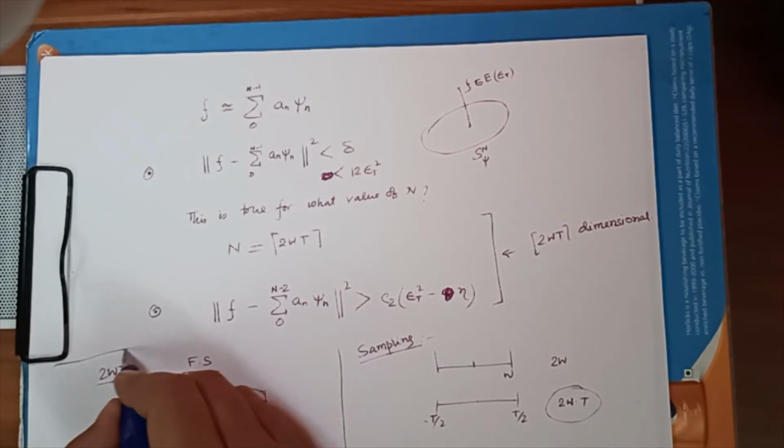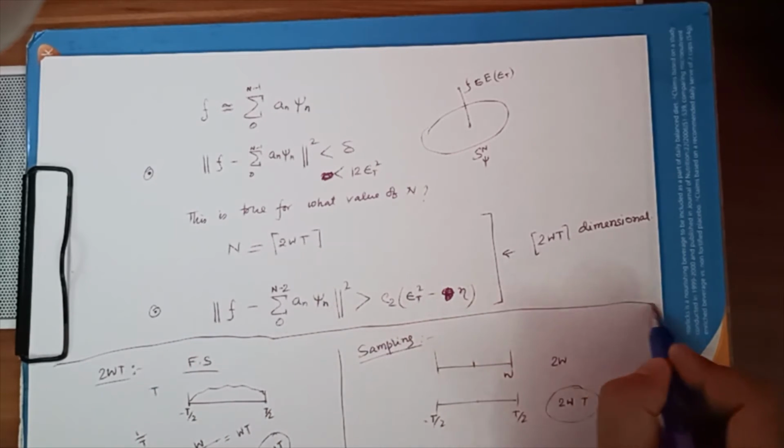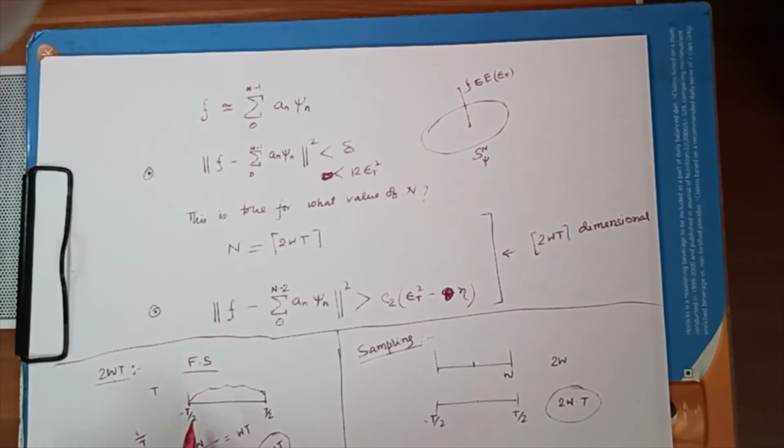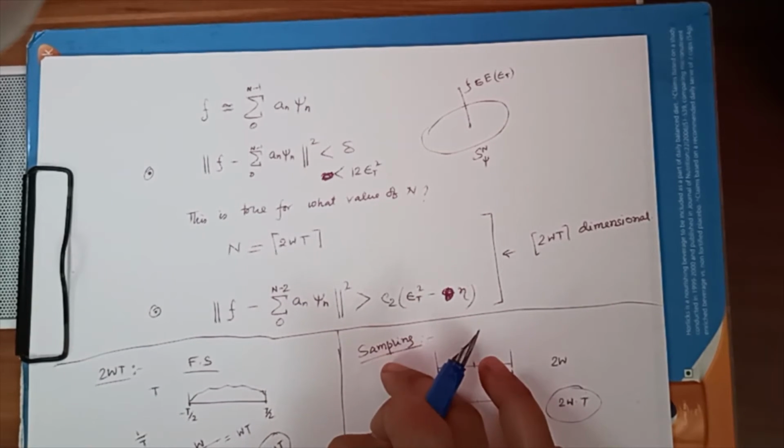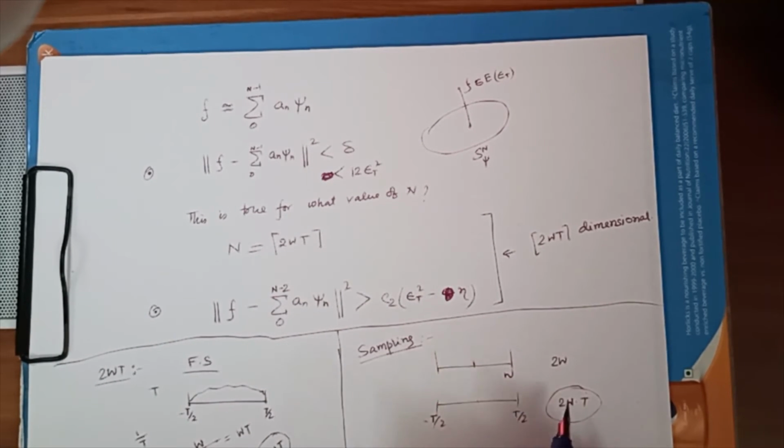However, both of these proofs are not correct, because the assumption that you can take a Fourier series is wrong. The signal is not time limited. Here also, when you say that you are taking only 2WT samples within this interval, that is again wrong. The signal is not time limited.